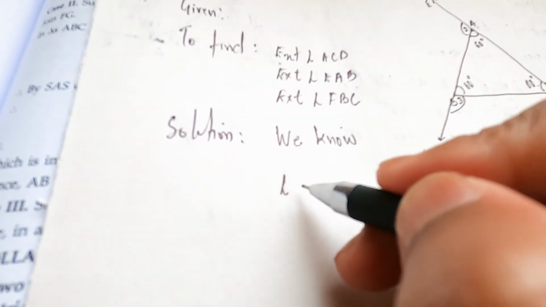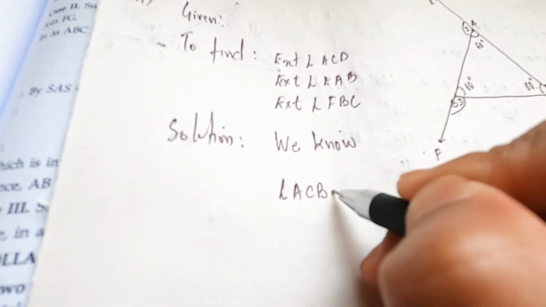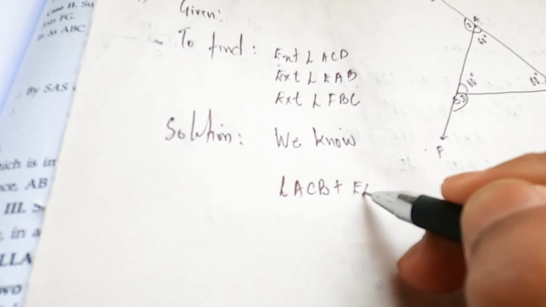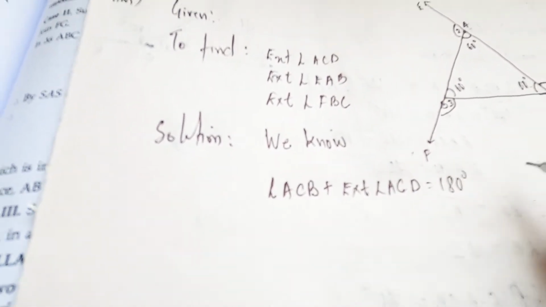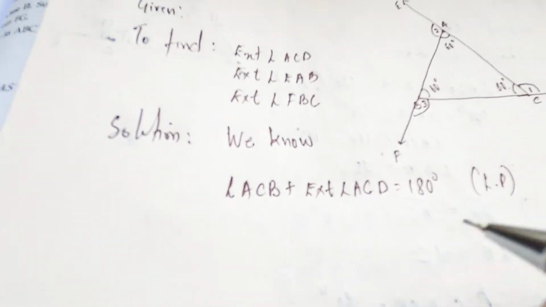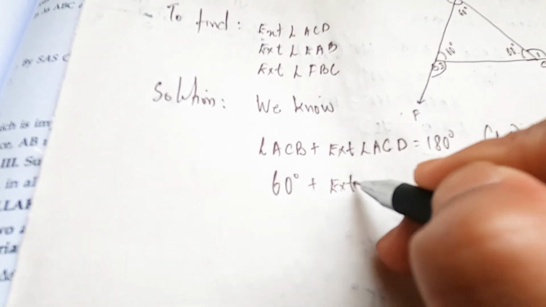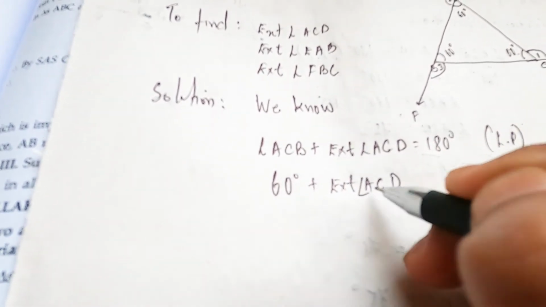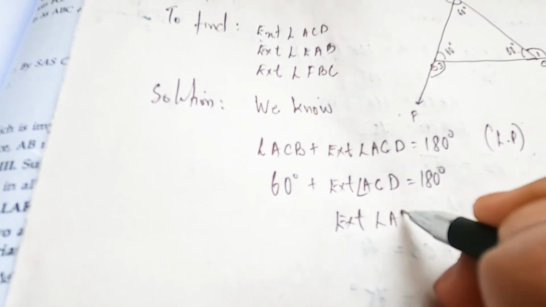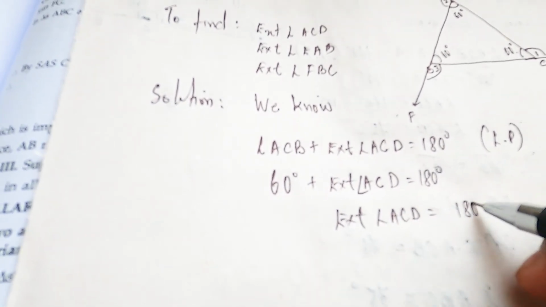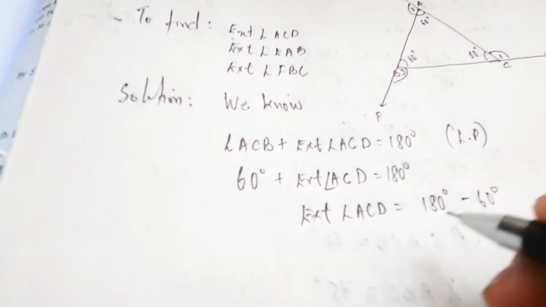So we know angle ACB plus exterior angle ACD is equal to 180. What is the reason? Linear pair. So this will be 60 plus exterior angle ACD is equal to 180. So exterior angle ACD is equal to 180 minus 60 degree.